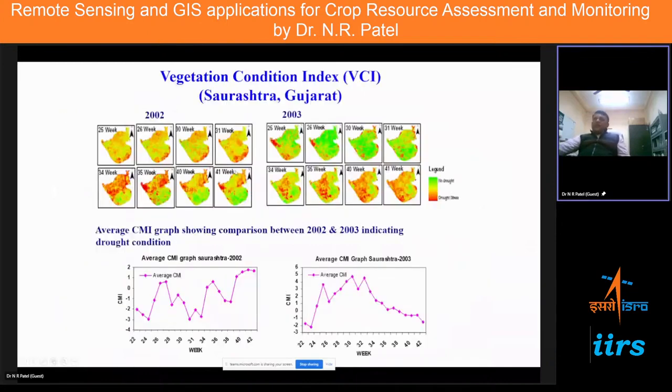Here you see one example of Saurashtra in Gujarat. You see 2002 all is red, which means stress; all weeks they are in stress. In the next year, all is green, which means there was a favorable condition, no drought. This can also be seen in the graph of the crop moisture index from ground observation of the agromet observatory, mainly potential evapotranspiration.